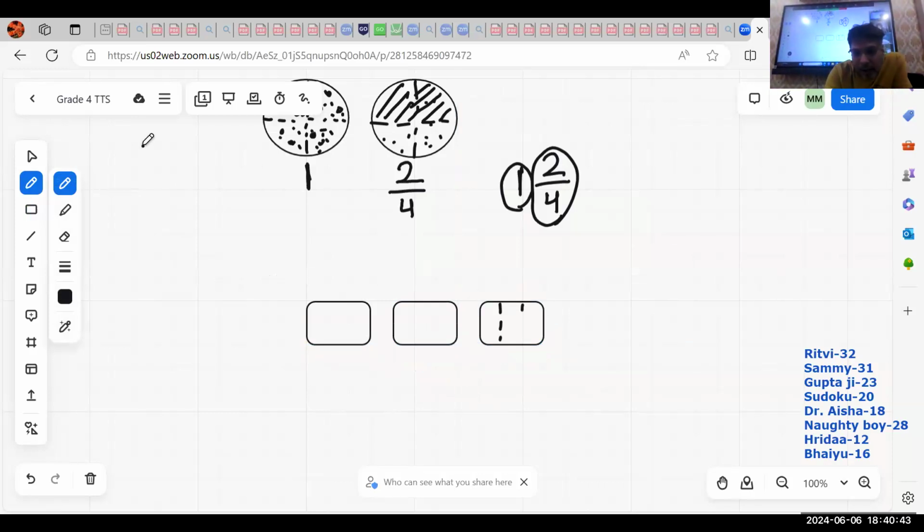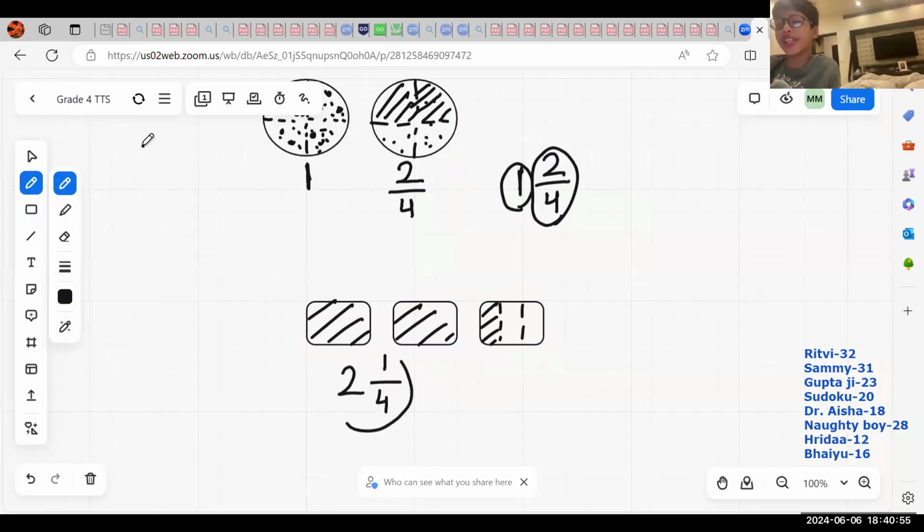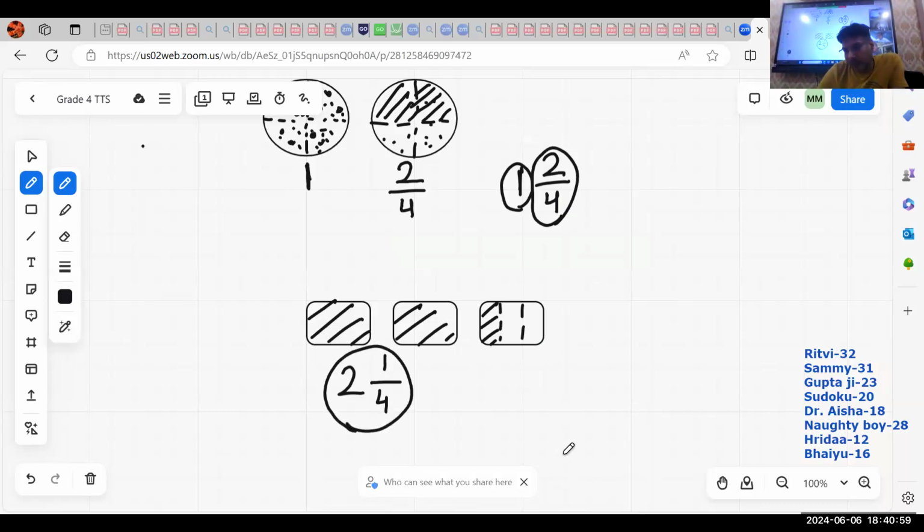So what I did, the first one I ate it complete, the second one I ate complete, the third one I ate this much. So what were you eating? Chocolate. Sir, I did not understand. Beta, I ate this one full chocolate and this one full. In total how many full chocolates have I eaten?